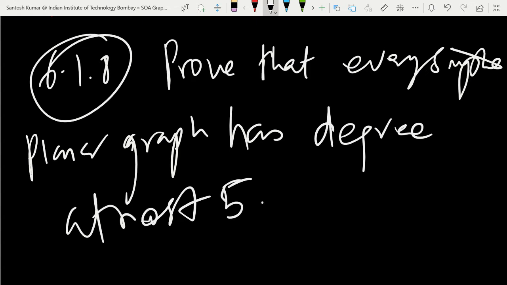So prove that every simple planar graph has degree at most 5.